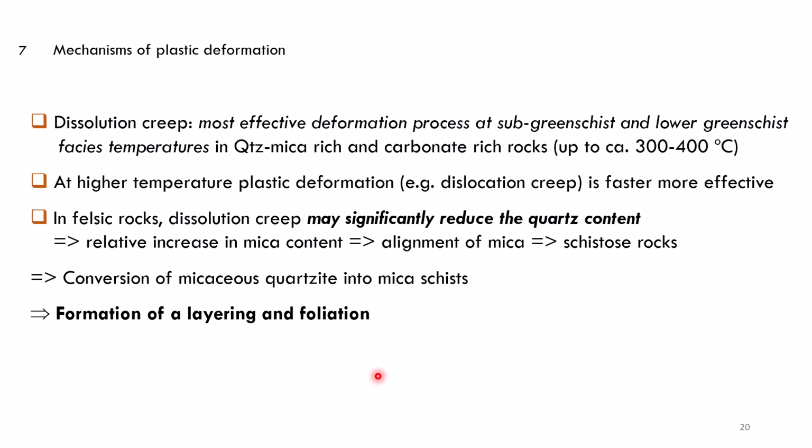In greenschist facies rocks, also amphibolite facies rocks, many people interpret mica-rich rocks as initial metapelites. That is not necessarily so. There could be psammopelites from which a large part of the quartz component has been removed during the prograde evolution in presence of hydrothermal fluids by dissolution creep.